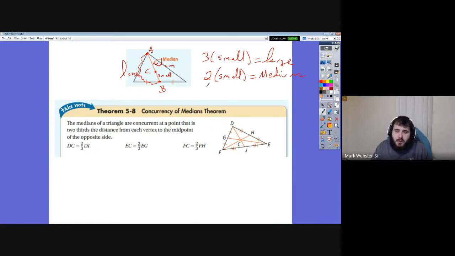But I would almost rather say 3 times medium equals 2 times large, because the medium one is 2/3 of the large one. So if I take this 3 here and I multiply it up here, 3 times the medium piece equals 2 times the large piece.